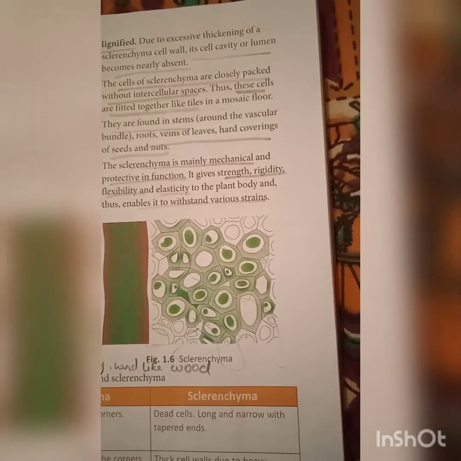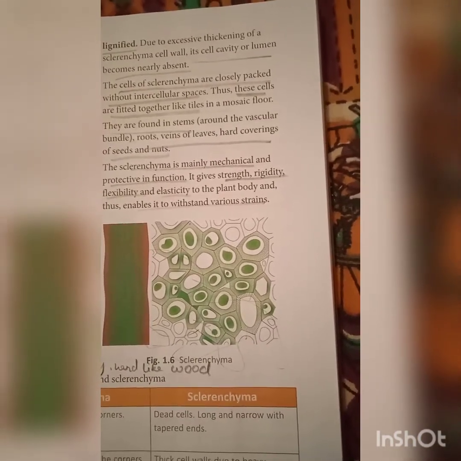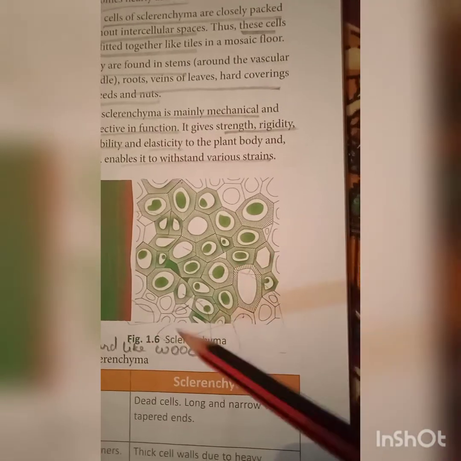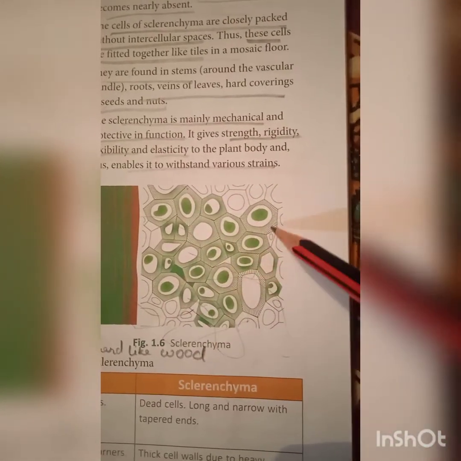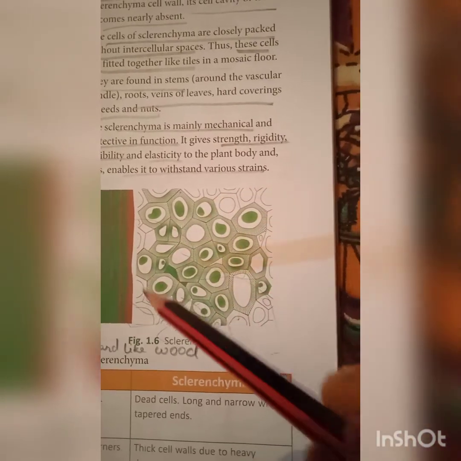The cells of sclerenchyma are very closely packed, as you can see in this figure. This is a sclerenchyma diagram. The cells are very tightly fitted, and you can't find any space between them.